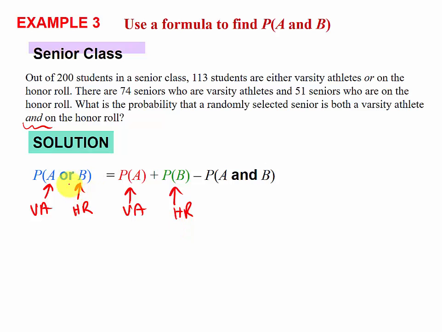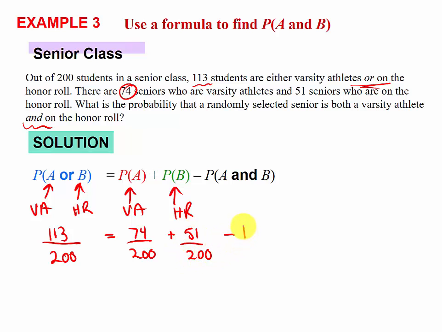We have that 113 are one or the other, so 113 out of the 200. Then the varsity athletes is 74 out of 200. The seniors who are on the honor roll are 51 out of the 200.